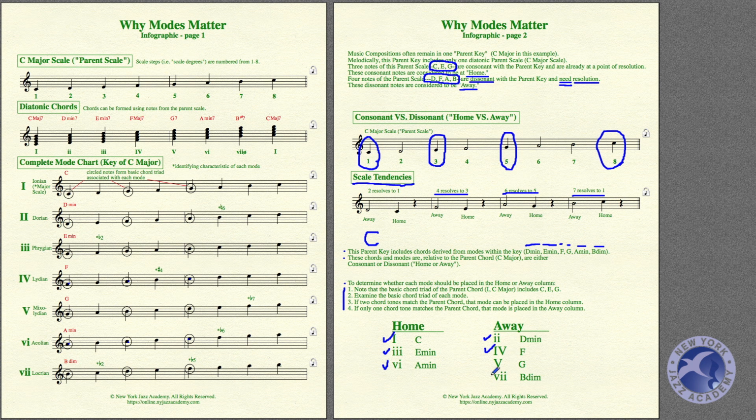So that's going to be in the away column. All right, next up is G. G, B, D. The only home note is G. The other two are away, so that's in the away column. The last one is B diminished. And all of these notes are different than the home, so it's definitely in the away column.